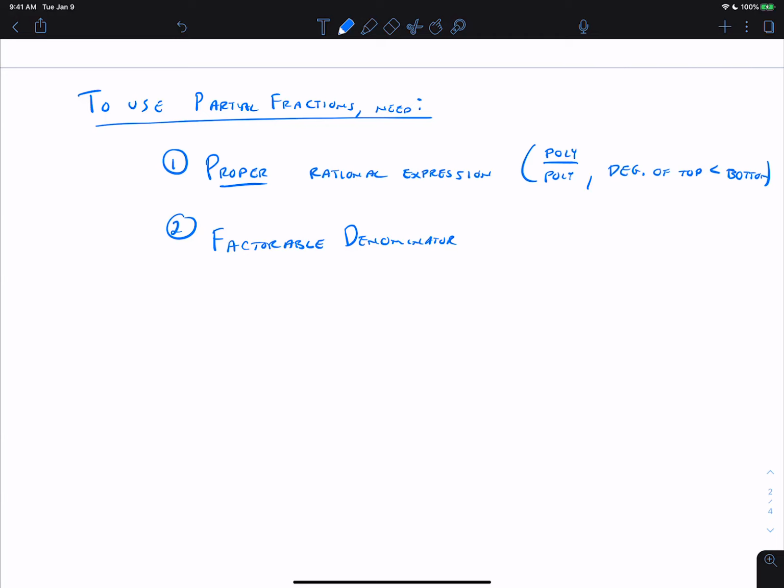Okay, so we're actually going to do 2 more videos on partial fractions. In the next video we'll do a couple more examples and show what happens if the degree of the top is not smaller than the degree of the bottom. In the last video, the 4th video, we'll talk about how to handle irreducible quadratics in the denominator if the middle term is not 0.